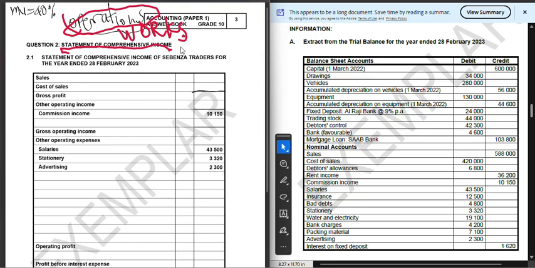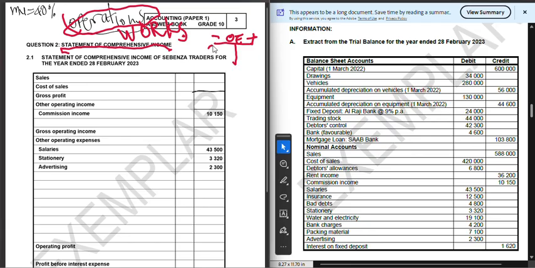Now, ladies and gentlemen, remembering that nominal account section deals with operations. These are incomes and expenses. Now, last time when you spoke, I said owner's equity deals with capital, drawings, incomes, and expenses. And then it increases on the credit side and decreases on the debit side.